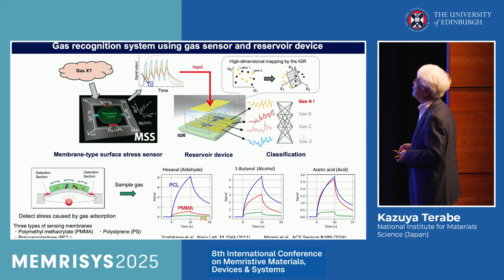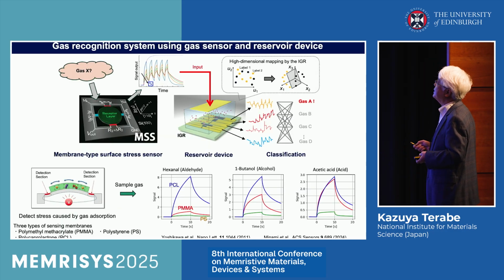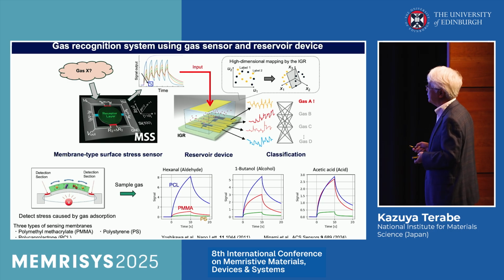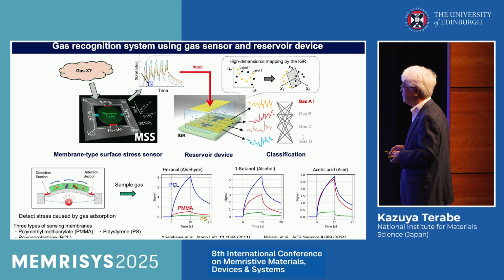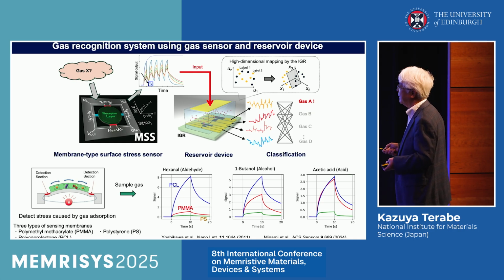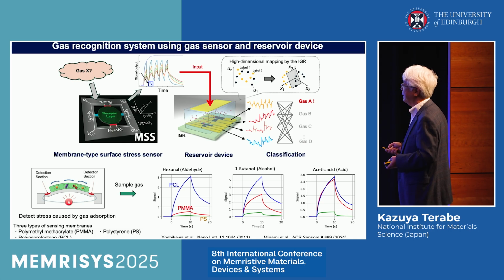We also fabricate a gas recognition system using the gas sensor and the reservoir devices. This is a membrane type surface stress sensor. This membrane experiences direct stress caused by gas adsorption like this, which is detected by this section. If we change the membrane, the output voltage is changed.